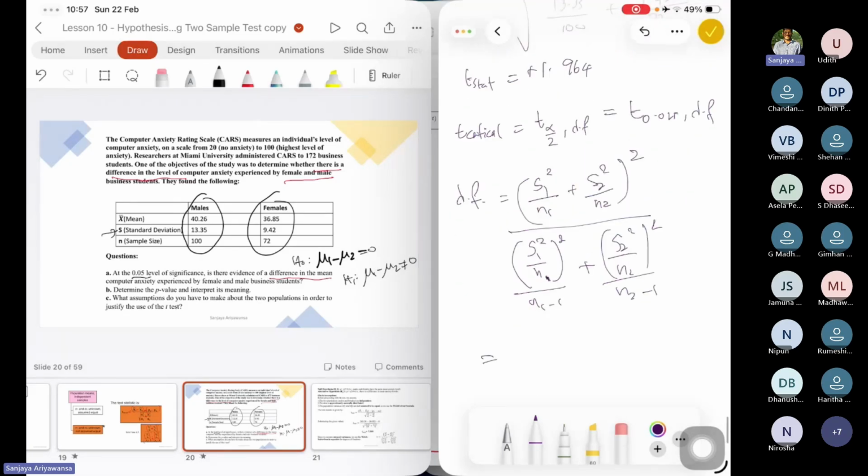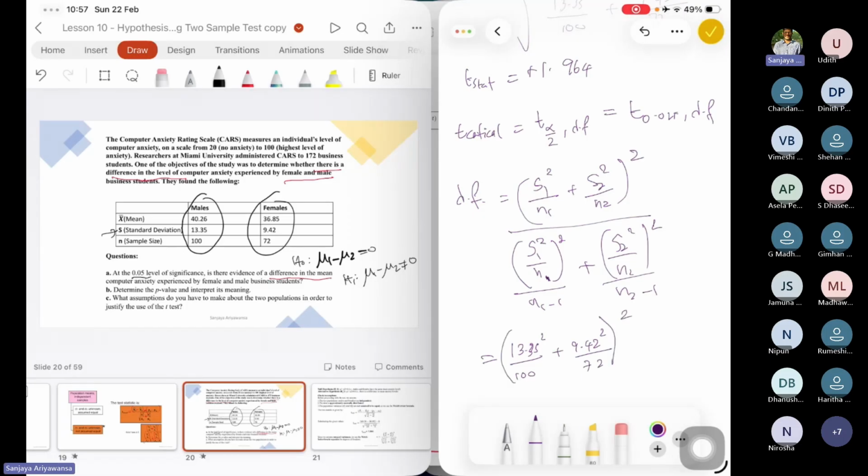Now let me substitute in the values. S1 squared is 13.35 squared divided by N1, which is 100, plus S2 squared, 9.42 squared divided by 72.